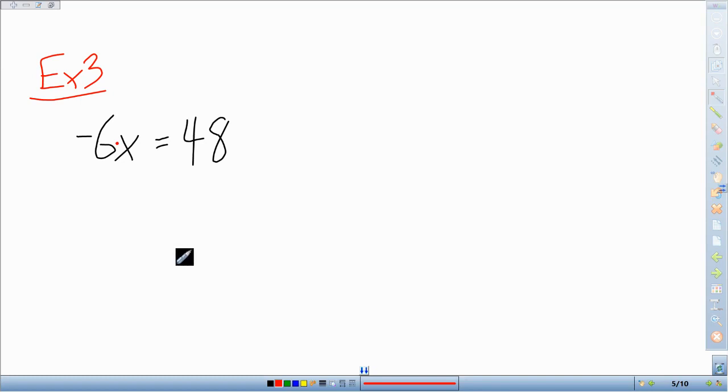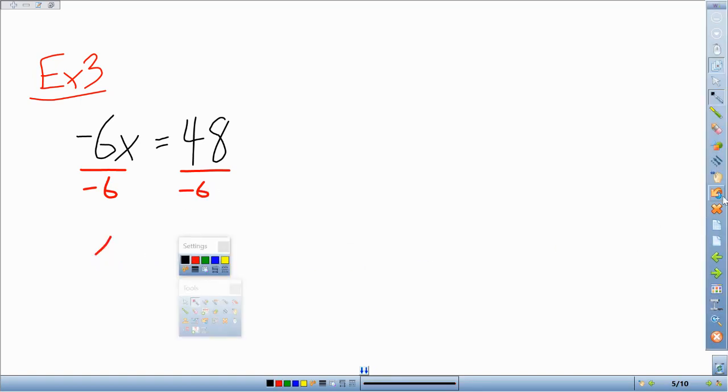There's a little invisible multiplication symbol when they put those things together. So to get rid of multiplication, we know we need to do division. We'll divide both sides by a negative 6, and it looks like we're going to be getting a, sorry, negative 8.